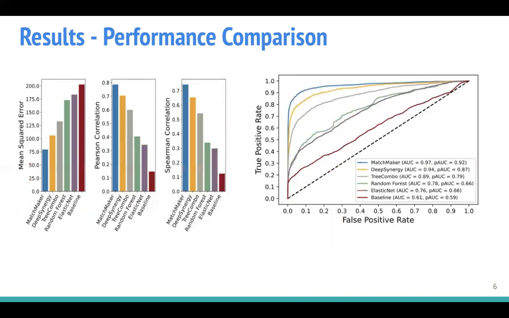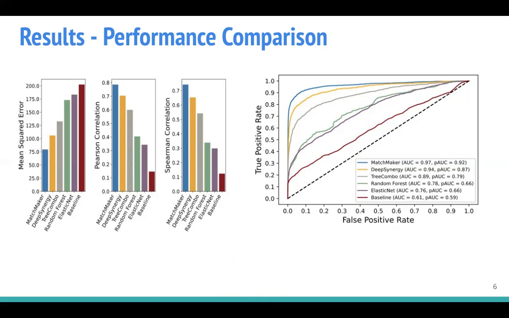Here you see our results. The original task is a regression task, and we compared MatchMaker with other methods in terms of mean squared error, Pearson, and Spearman correlations. As you can see in the left figure, MatchMaker provides the lowest error and the highest correlations. Further, we evaluate our model on a classification task.